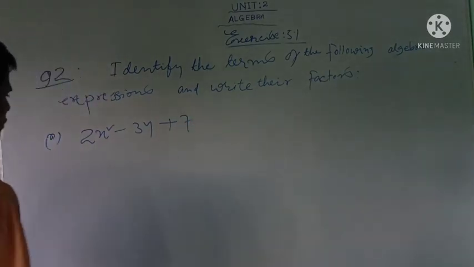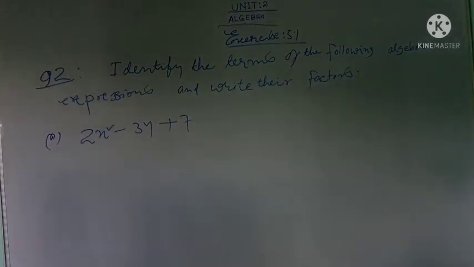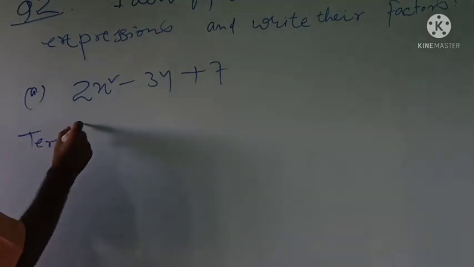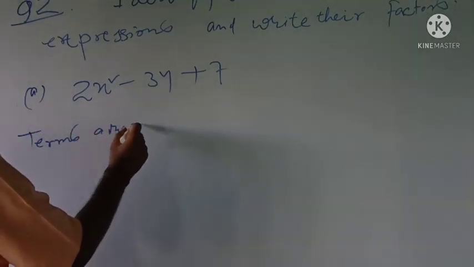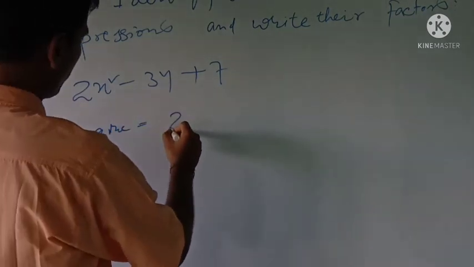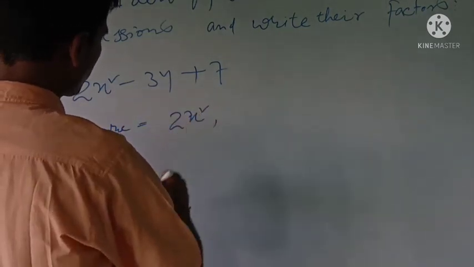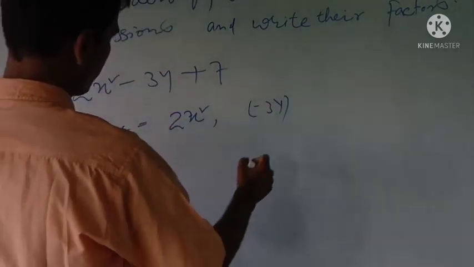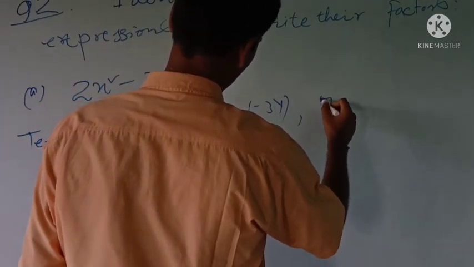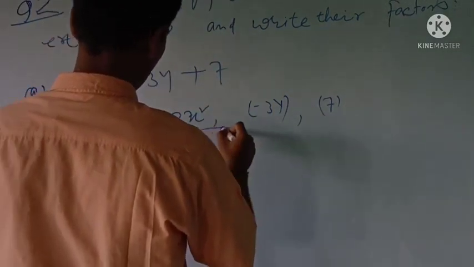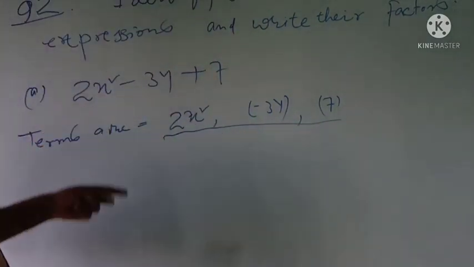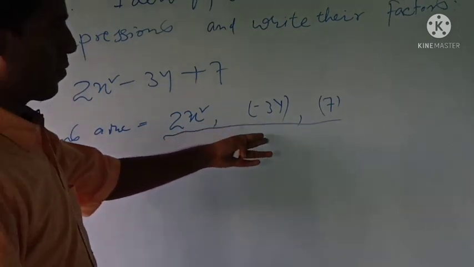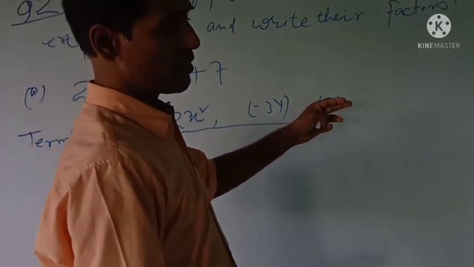This is our first question, sub question A. The terms are: twice x squared is one term, minus thrice y is another term, and 7 is another term. So in this expression we have got three terms. The first term is twice x squared, the second term is minus thrice y, and the third term is 7.